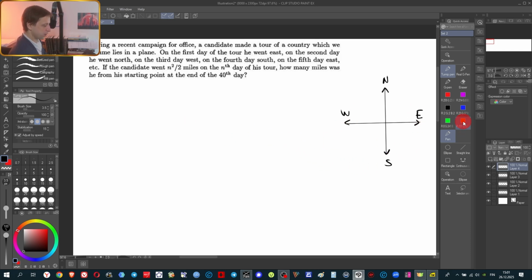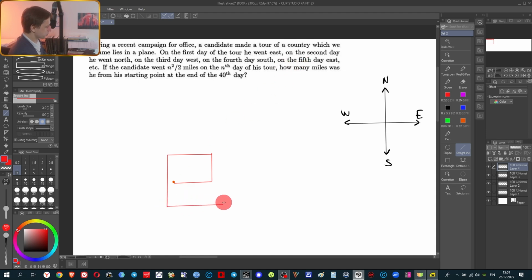So we assume that it is the initial position just before the trip happens, and on the first day he went east, so we should mark this direction, so he goes to the right. On the second day he went north, something like this. On the third day he went west, and on the fourth day he went south, and on the fifth day he went east again, something like this.